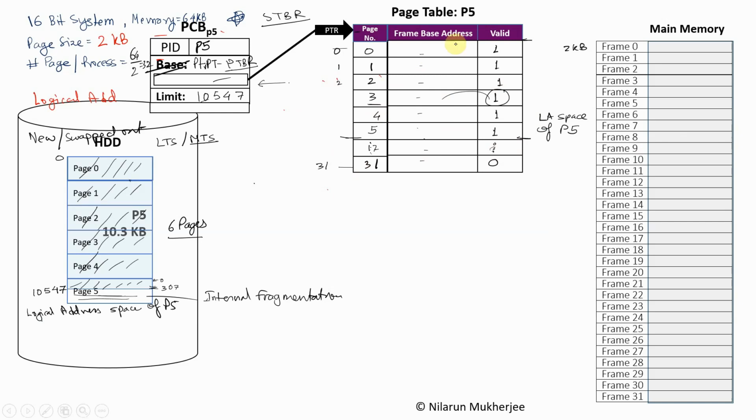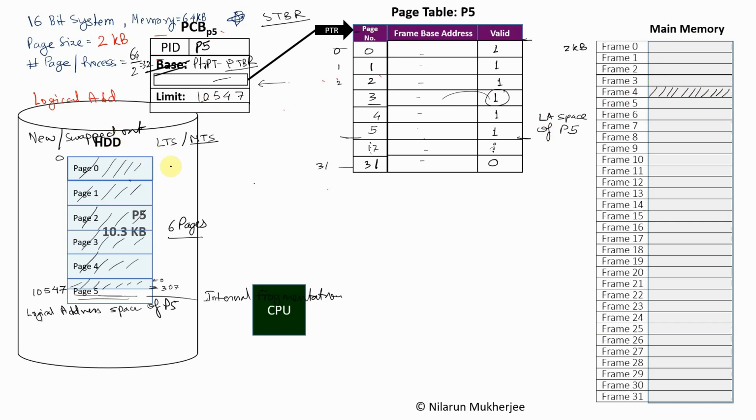So now what happens? Suppose we take it has 6 pages, and we consider that it is loaded here.